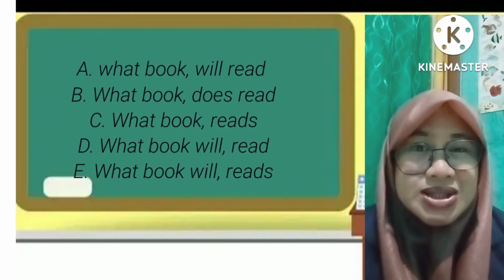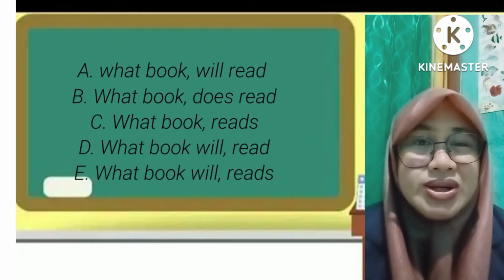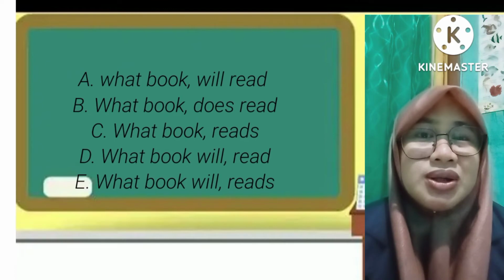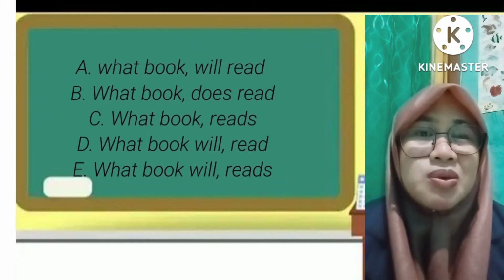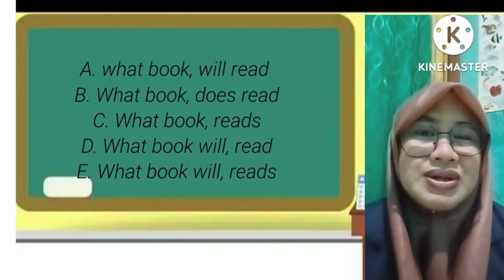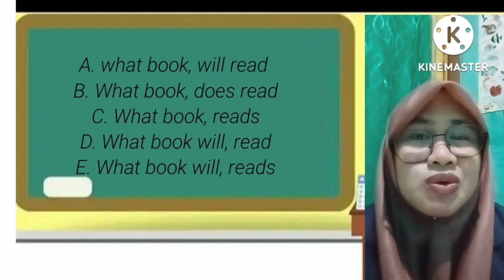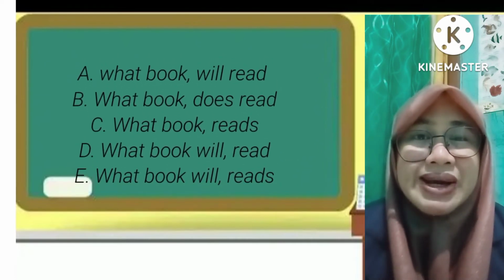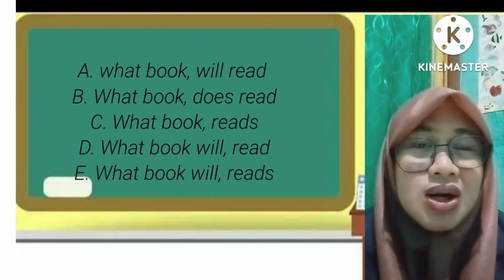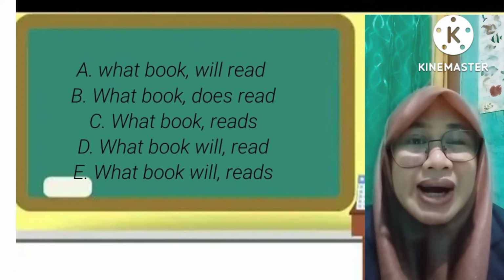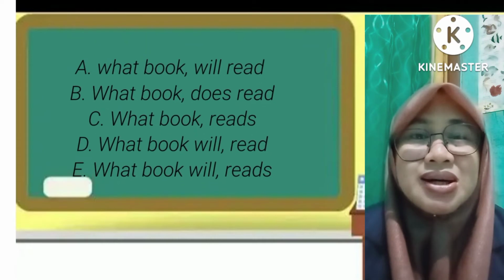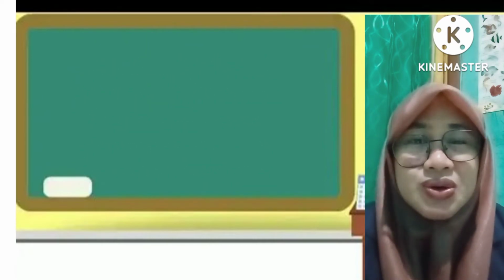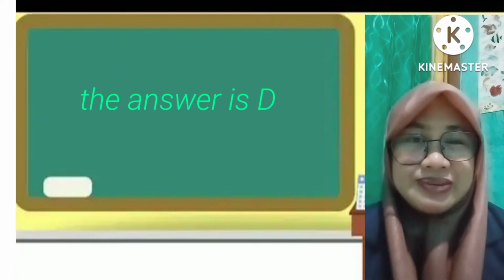A W or H question, or informative question, form begins with W or H, will plus subject plus verb 1. Then option D fits the pattern. What book will Rihanna read to optimize her understanding about English grammar theory? What books will Rihanna read to optimize her understanding of English grammar theory? So the answer is D.